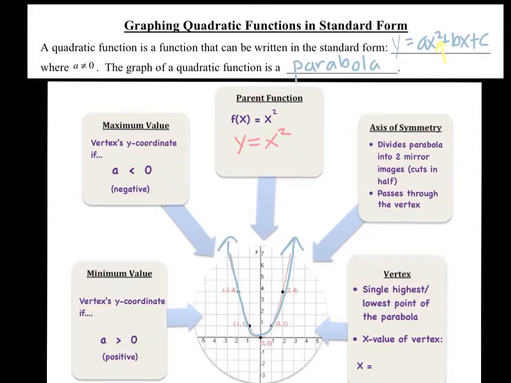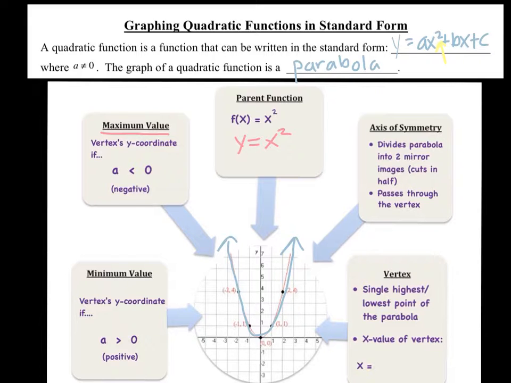So a parabola can be facing up or down. If we look at that box to the left where it says maximum value, maximum value means that the vertex is at the top.